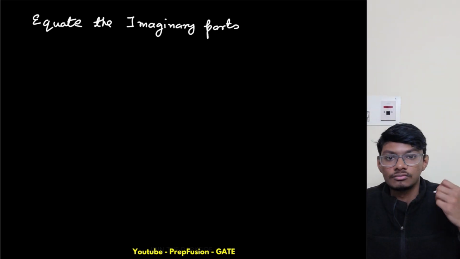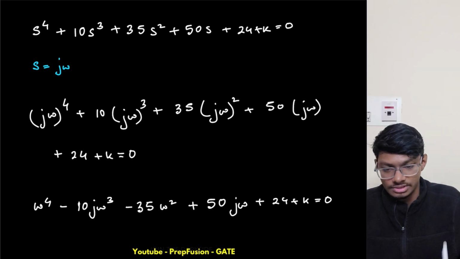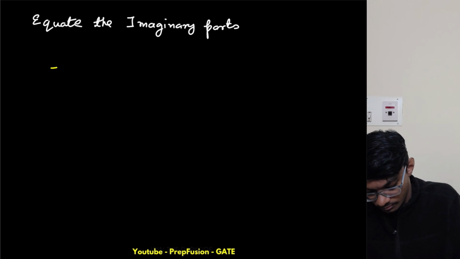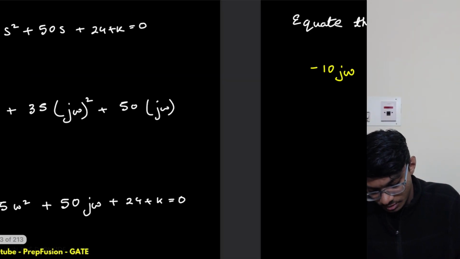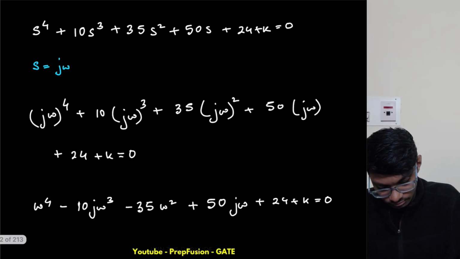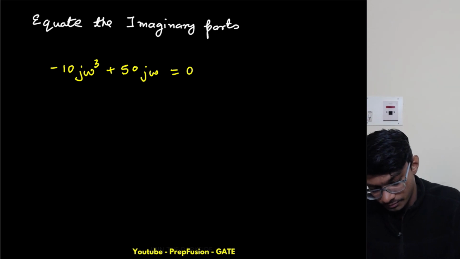Basically on the right hand side, what is the imaginary component? It is 0, right? 0 plus j 0. So I can write minus 10 j omega cube plus 50 j omega equals to 0, right?